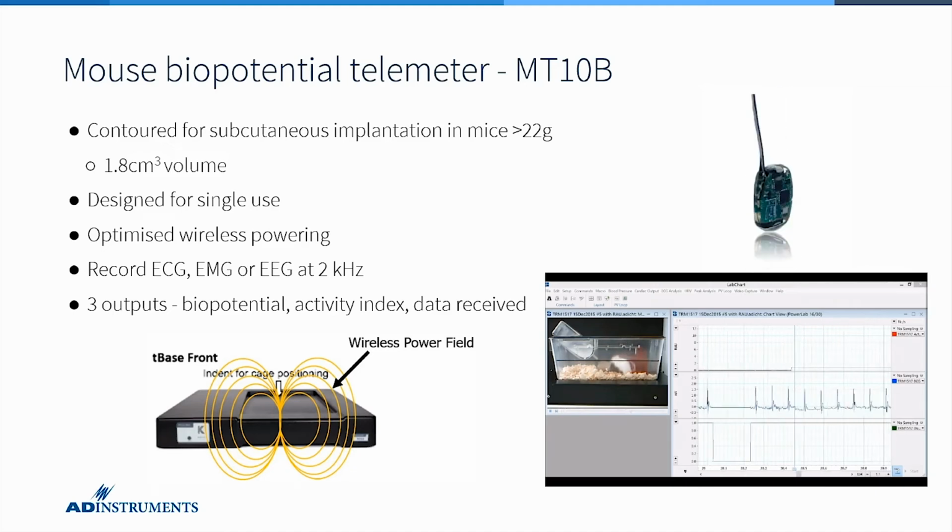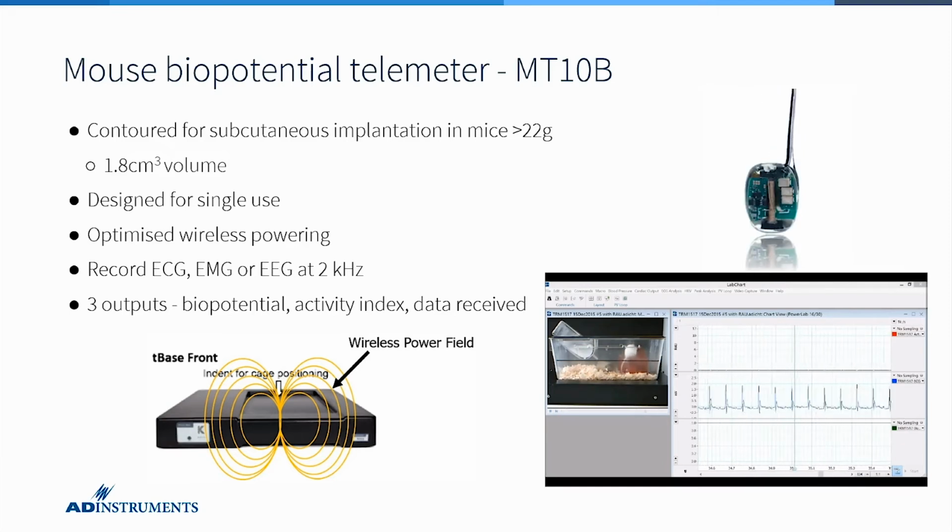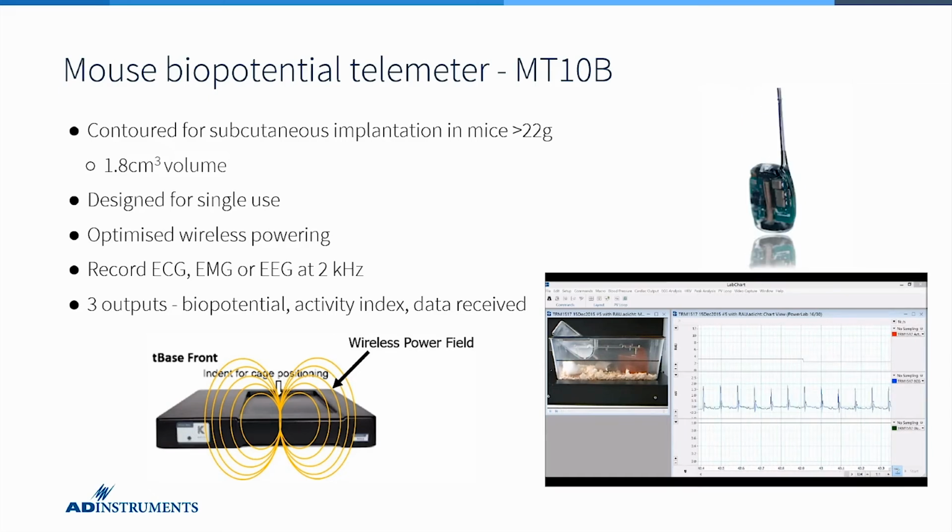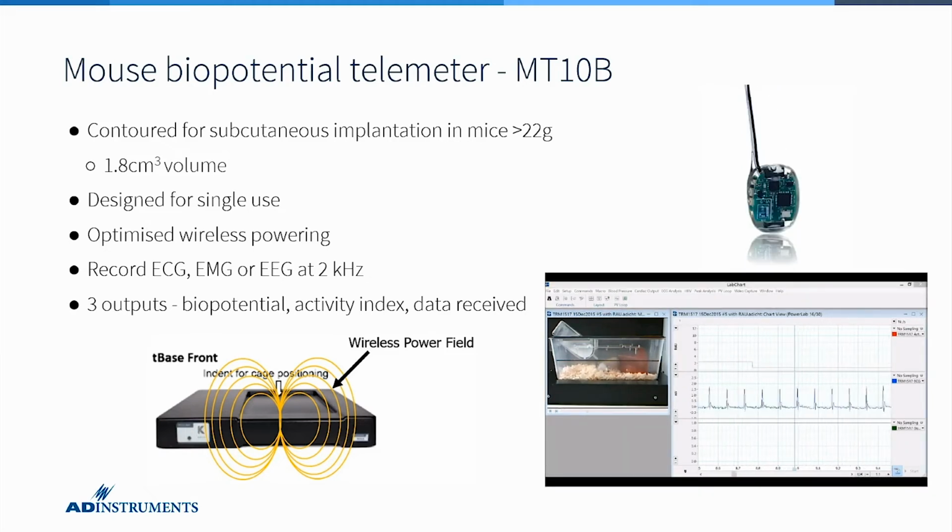The T-base is redesigned compared to the SmartPad to deliver optimized wireless powering to the telemeter, to ensure that the telemeter receives wireless power as much as possible, and this allows you to record a biopotential, so either ECG, EMG, or EEG at 2 kilohertz.